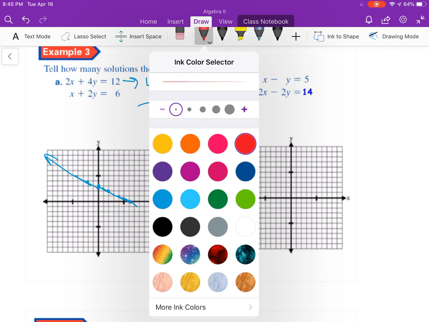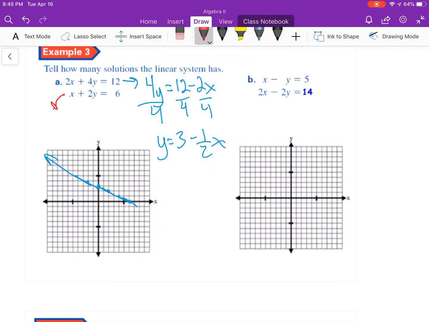Okay. In red, I'll take care of this one. So I'll get 2y is equal to 6 minus x. Divide by 2, and I get y equals 3 minus 1/2 x. So I'll put it at 3, and I'm going to go down 1 over 2, down 1 over 2, and I'm going to have the exact same line drawn twice.